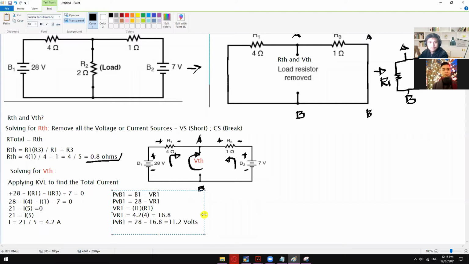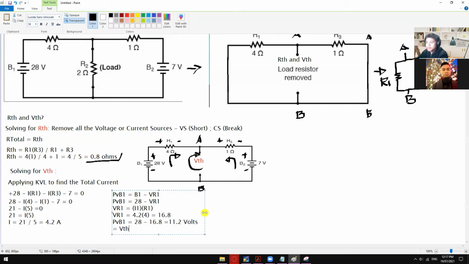Correct, correct. 28 minus 16.8. Yes, sir. Okay. So from here, we can already see that this is our VTH. So the potential voltage on the left side that is passing through here is already our VTH.